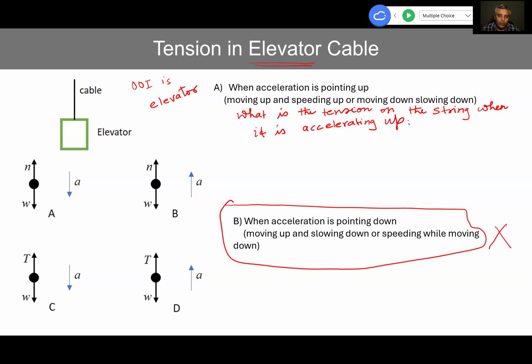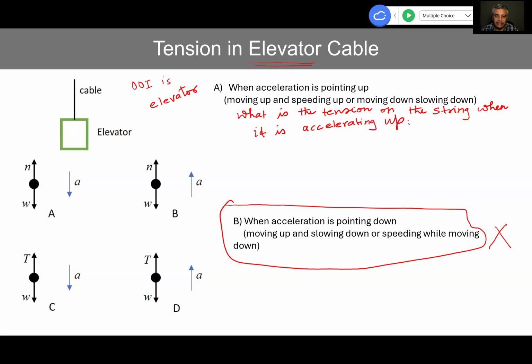And when do we know it's accelerating? One way to look at it is, okay, when it's moving up, it's accelerating up. That may not always be the case. Remember, when it's moving up, it's accelerating up only if it's speeding up. Even if it is moving up but slowing down, acceleration is not up, it's down, opposite to the motion.